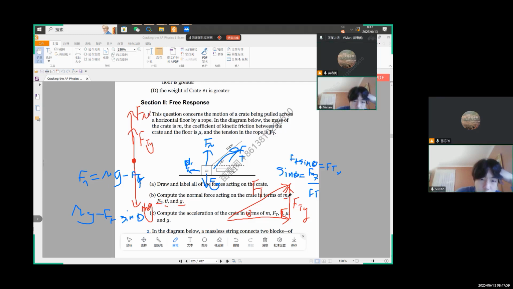And then also question C2. Sure, let's do C. How to find C then? I think you probably know a little. Compute the acceleration of the crate.